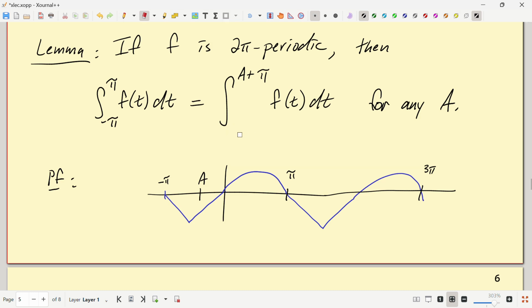I'm sorry, here's what I meant to write here: a to a plus 2 pi, just an interval of length 2 pi. There's a. And I would ask myself about the integral from a to a plus 2 pi. Here's the proof: I would move this little bit of area up to here.